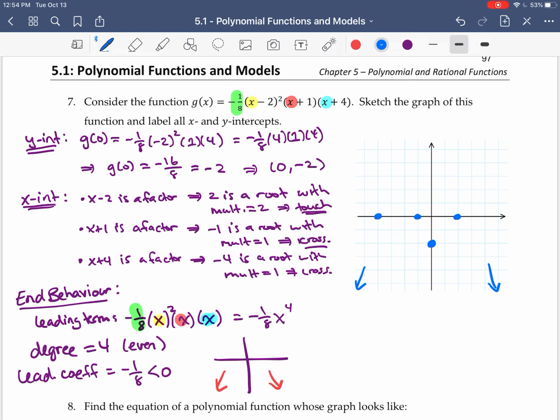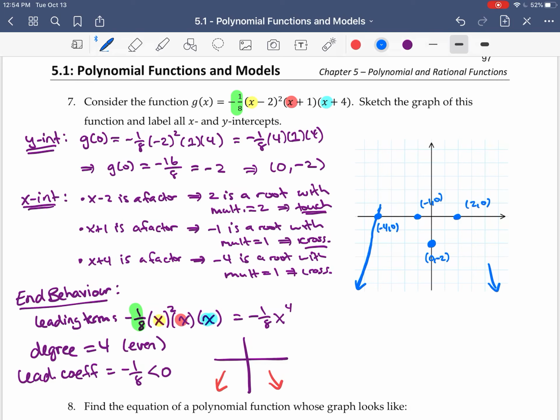Okay, so I go through, so I have my negative 4, 0. I have my negative 1, 0, my 0, negative 2, and then my 2, 0. So I cross at negative 4.